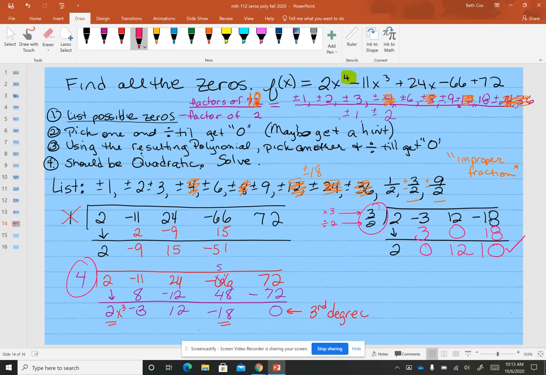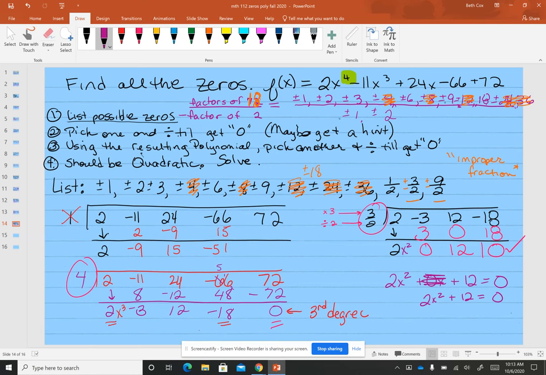So I've got 2 answers right now. It says find all the zeros. I've got 2. 4 produced a 0, and 3 over 2 produced a 0. Now I have a quadratic. Now this is an x squared. So now I have 2x squared plus 0x plus 12 equals 0. And just like the previous problem, I don't need that. I have 2x squared plus 12 equals 0.